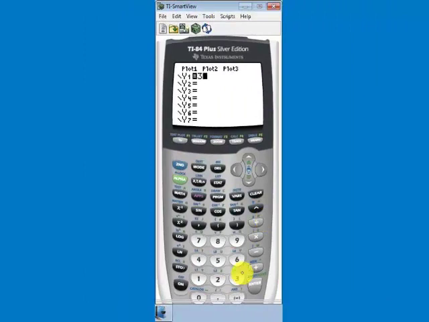Y equals, I need parentheses. Open parenthesis, 3x to the third power plus 2x to the second power minus 12x plus 10. Close the parentheses and divide by x squared plus 2x minus 3.